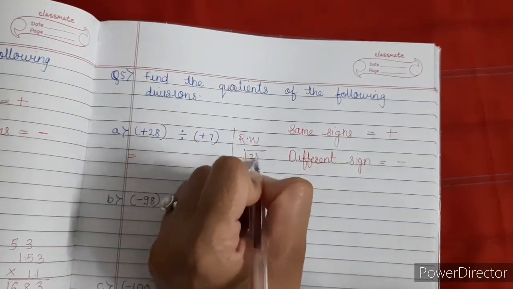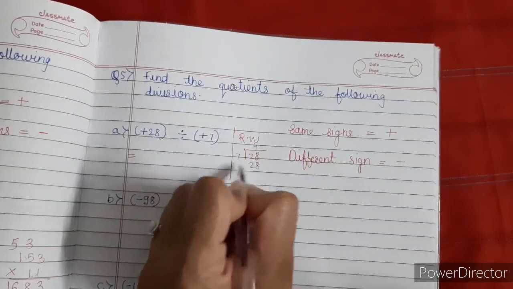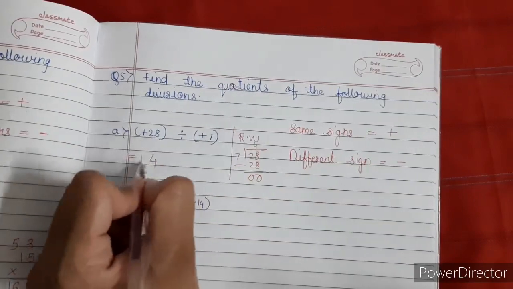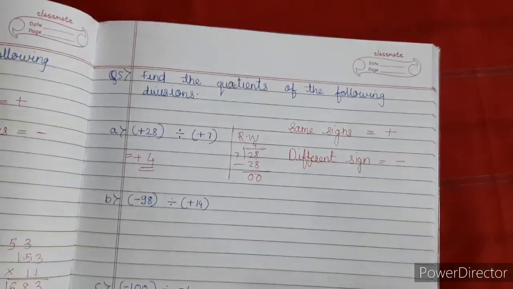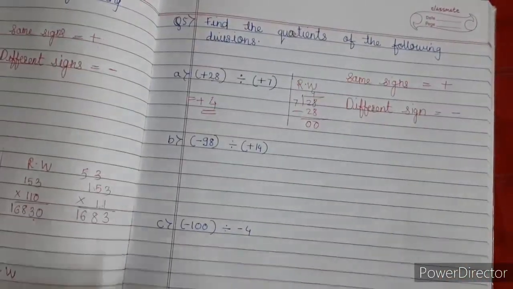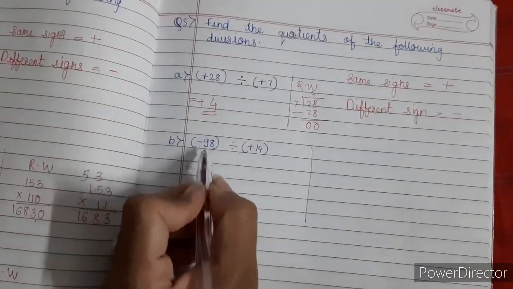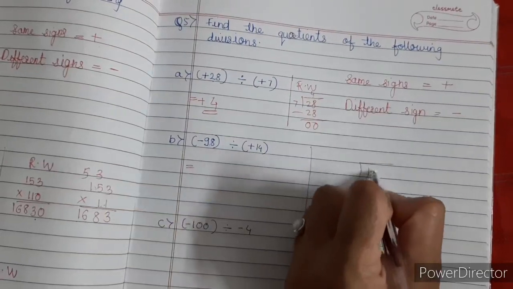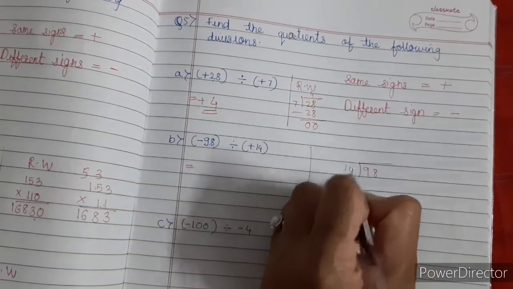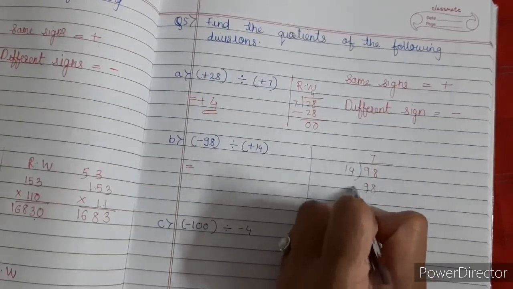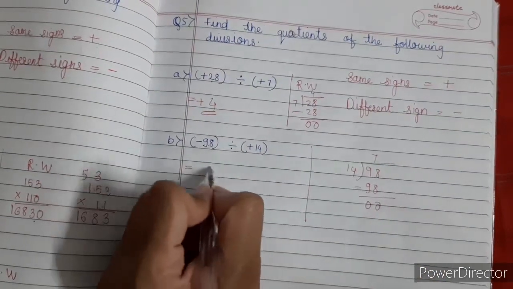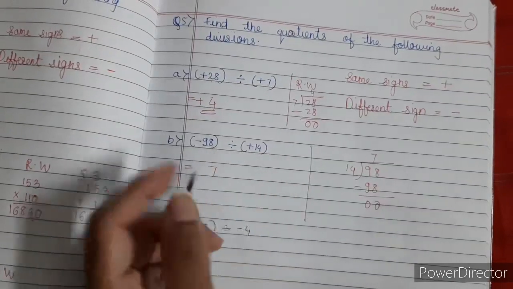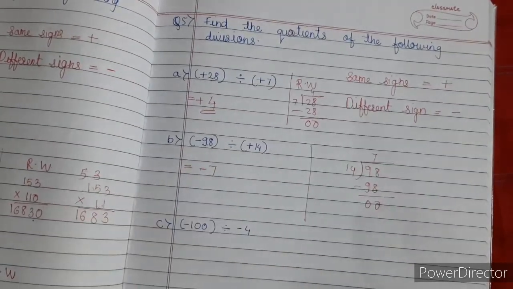I'll divide as usual. 7 4s are 28 and both of them have the same sign, so my answer is positive. Let us take the next sum. Minus 98 divided by 14. Let us divide them. 14 7s are 98. So I have 7, but the integers have different signs, so my answer is negative.